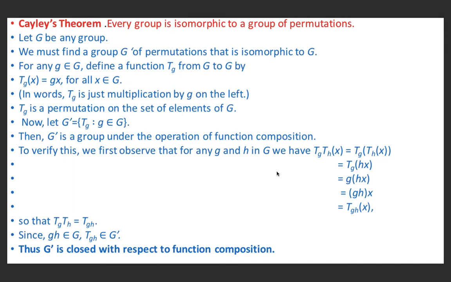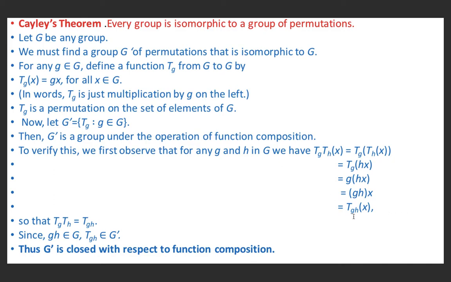So first of all we observe that if g and h are elements in G, then T_g T_h(x) is equal to T_g of T_h(x), function composition. By definition T_h(x) is nothing but hx, so T_g(hx) is g into hx, and this is nothing but (gh)x because g, h, x are all elements of G and G is a group.